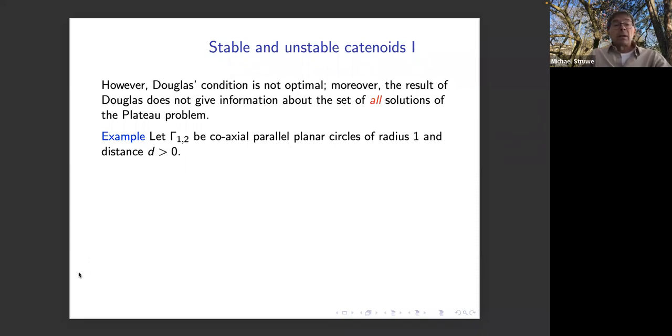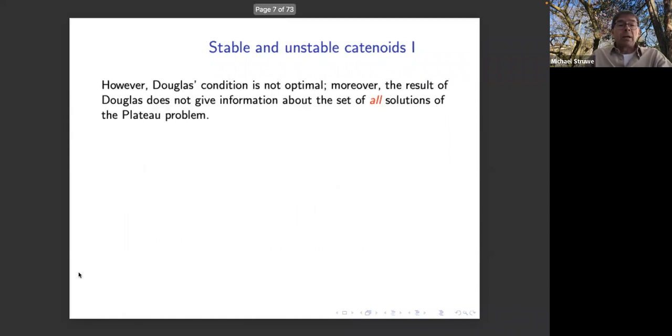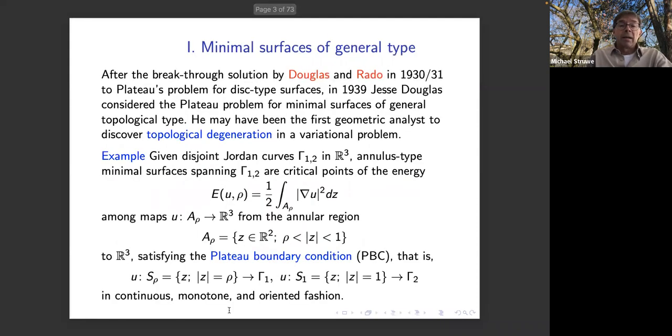So these are the curves gamma 1, gamma 2, and we want to find annulus type minimal surfaces spanning this configuration of curves. And now we can look at the energy that I had defined earlier.